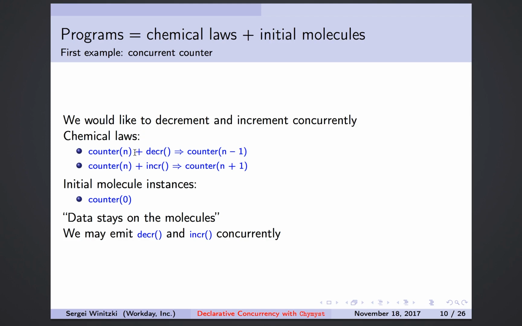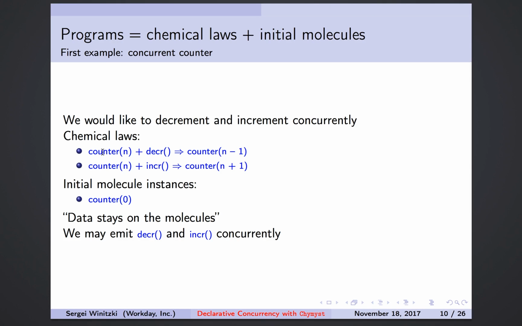How would that work? Suppose that we have a counter molecule with value 0, and then some processes emit 5 molecules with decrement, so 5 decrement molecules. The chemical machine will examine the state of the soup and find that the soup contains 5 decrement molecules and 1 counter molecule.